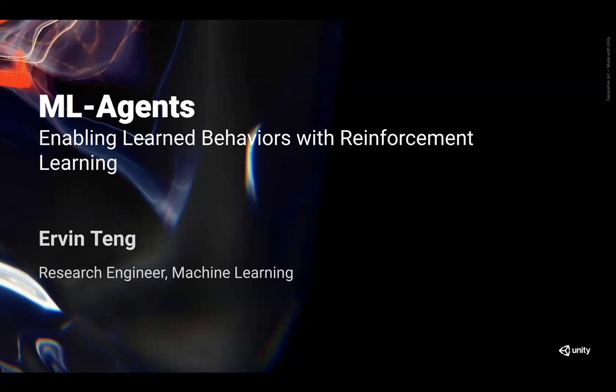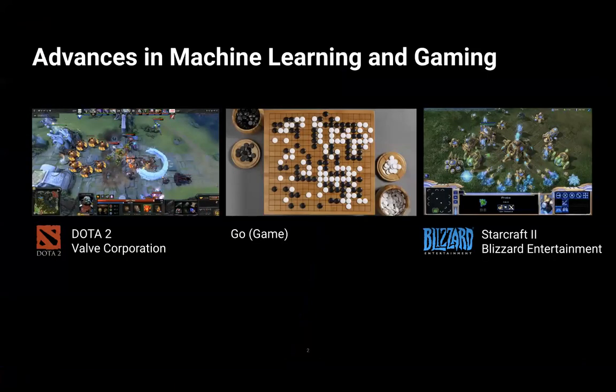Okay, so let's get started. Games and machine learning have been two sides of the same coin for a really long time. Here we have three popular games. The middle one's obviously a classic board game, and then two very popular video games, Dota 2 and StarCraft 2. You can probably already think about what the big AI advancements have been around each of these three games.